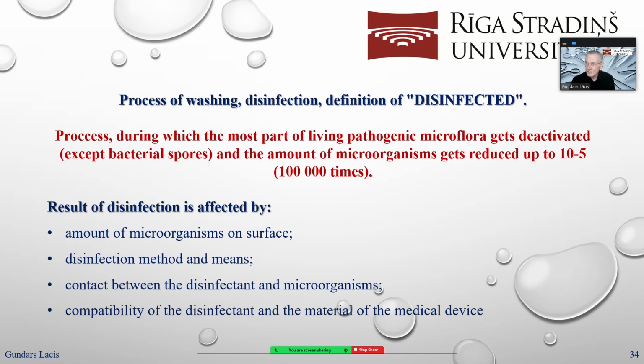Also important is the contact between the disinfection agent and the microorganism. If the surface is dirty, it's really difficult for the disinfection agent to reach the microorganism and destroy it. And of course, the compatibility of the disinfectant and the material of the medical device is also really important.